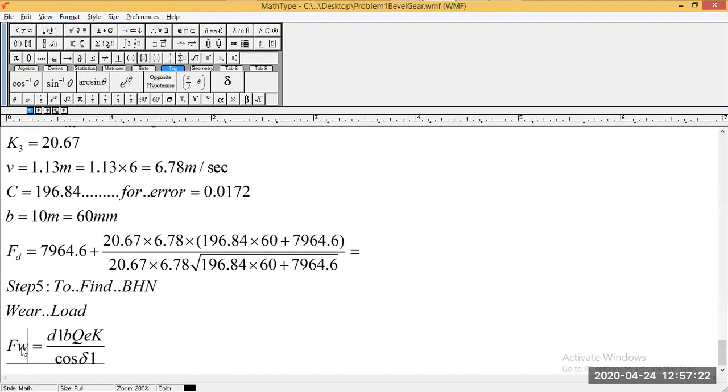Then we put some here in terms of subscript. This is where the number of virtual teeth come into picture. Number of actual teeth, that is for the bevel gear, come into picture. That is ZD1 and ZD2, which we found in the first step.